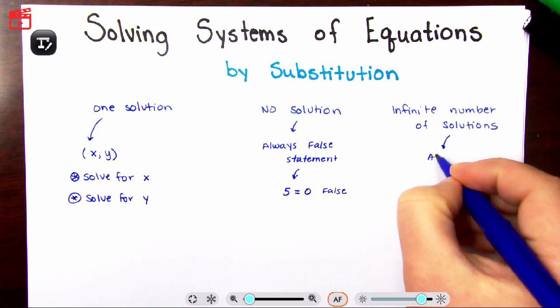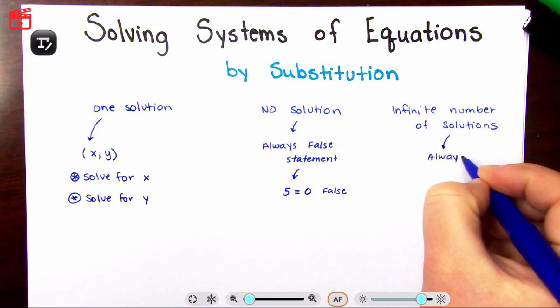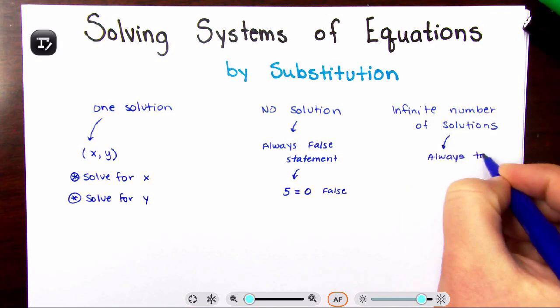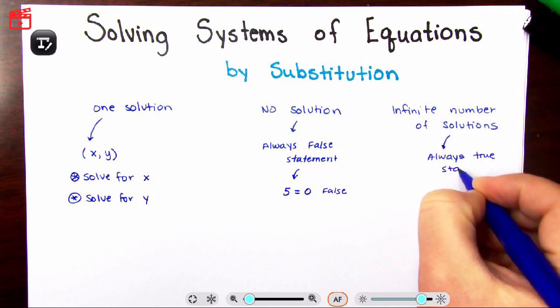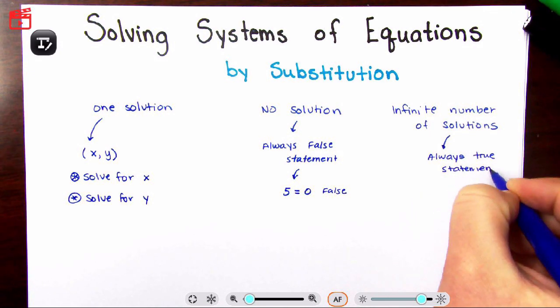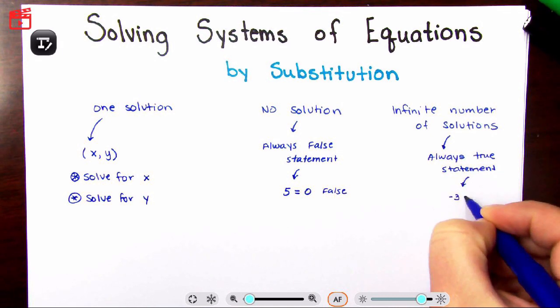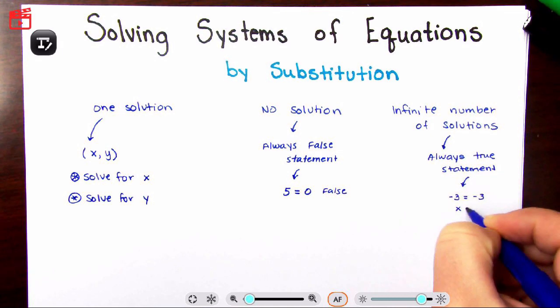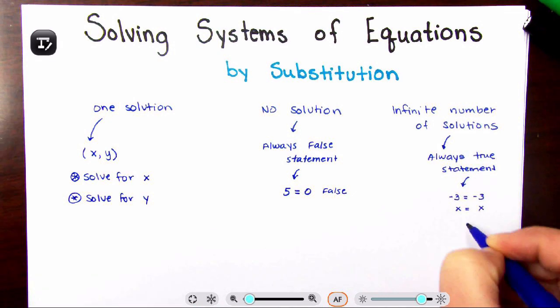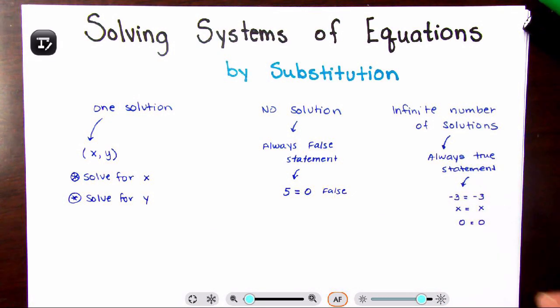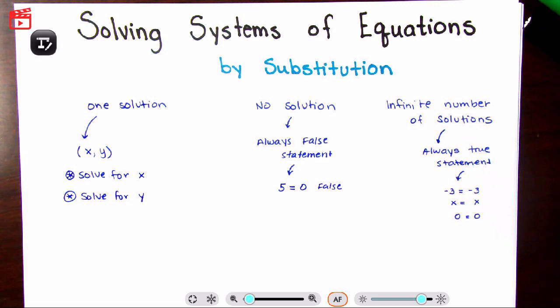We will have an always true statement. For example, an always true statement is something like -3 is -3, x is x, 0 is 0. Always true. -3 will always be -3, x will always be x, 0 will always be 0.